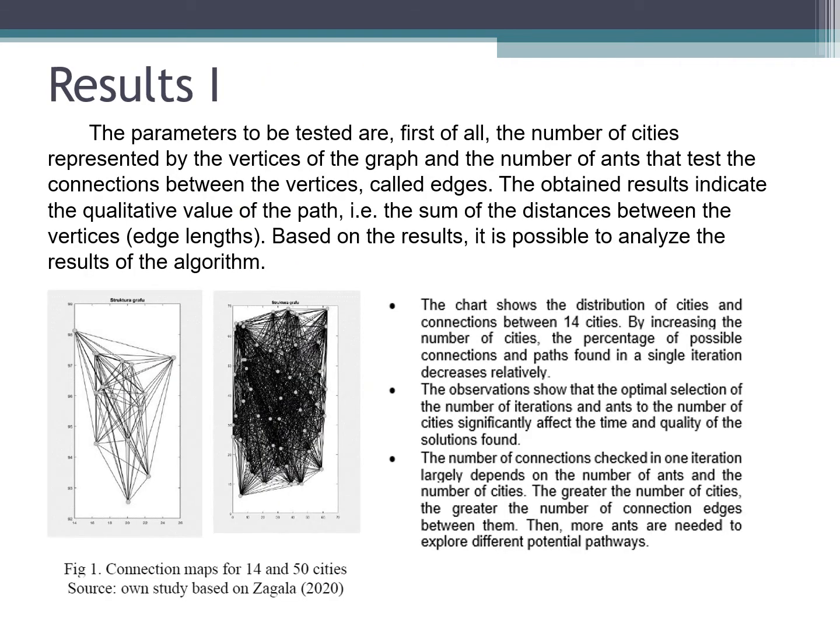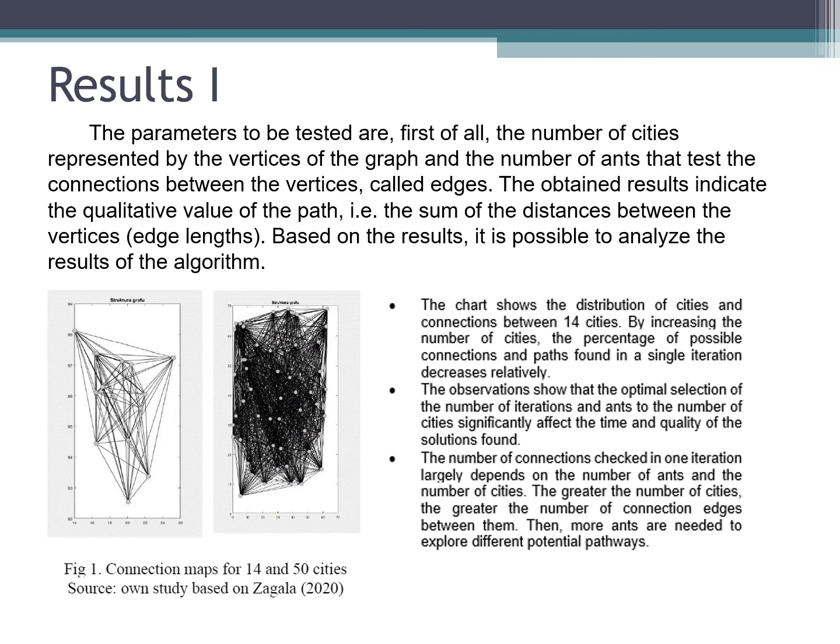The data to be tested are first of all the number of points or cities represented by the vertices of the graph and the number of ants that will test the connections between the cities. The obtained results indicate the qualitative value of the path, which is the sum of the distances between the points.